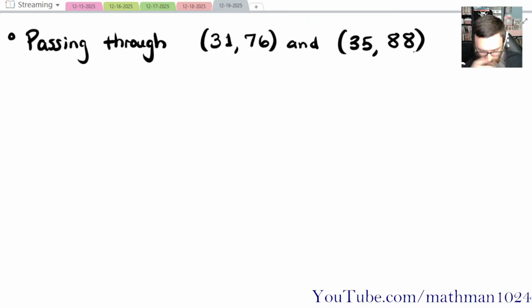So with this, I didn't give you the slope. In all the other examples, I gave you the slope. So what do we do here?